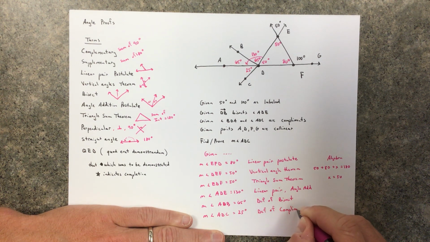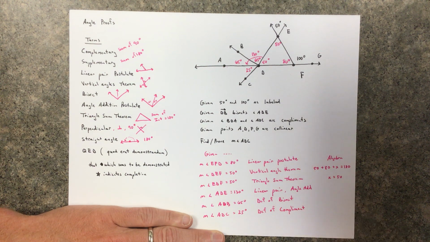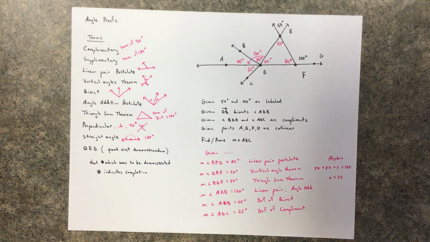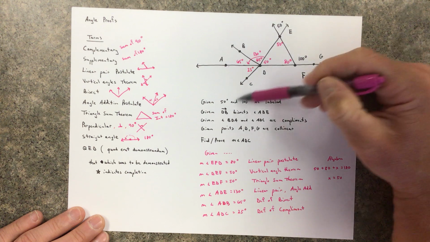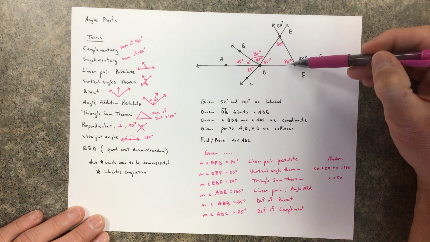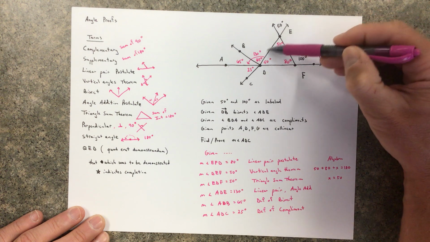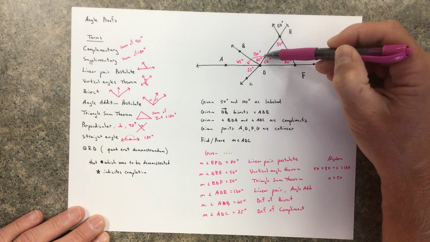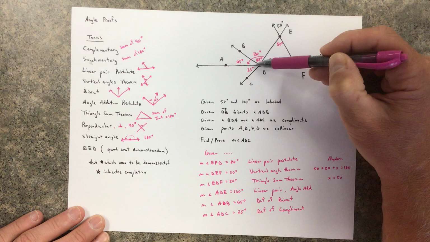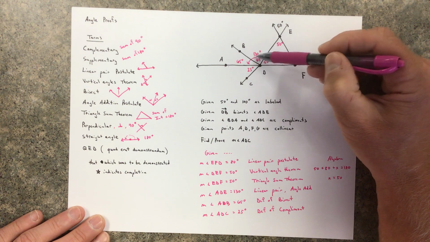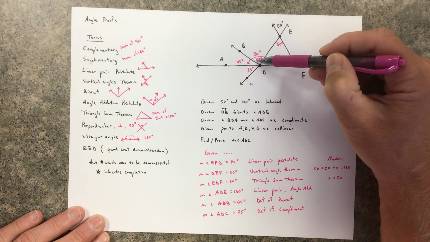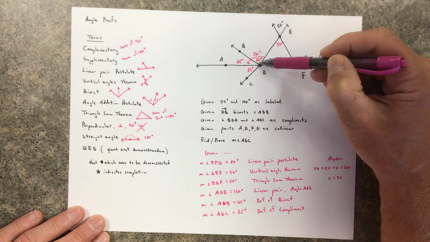Okay, so I started out with a 50 and the 100, and then I knew some things. I knew 80 because of linear pair. I knew 50 because it's vertical. I knew 50 because of the triangle sum. I knew the whole thing was 130 because of linear pair. I knew I could split the 130 into two congruent pieces because of the definition of what it meant to bisect.